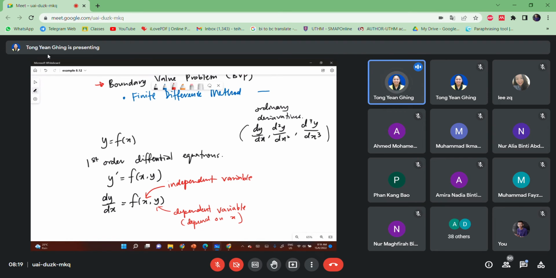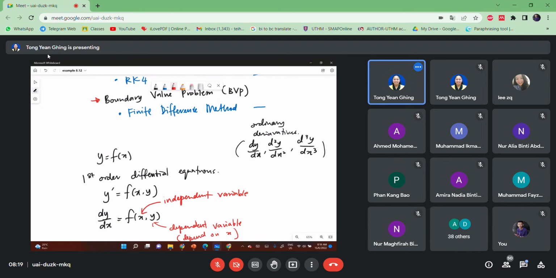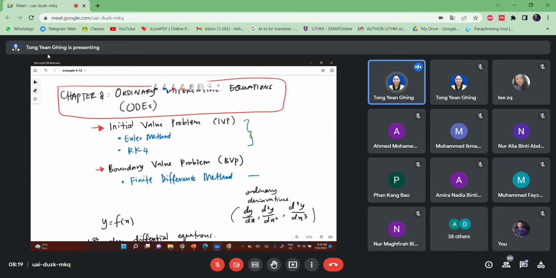For the initial value problems, the ODE that you studied through the video, the initial point is given. The first point is given. Let's say we have a function with a boundary domain, starting from x naught until xn.